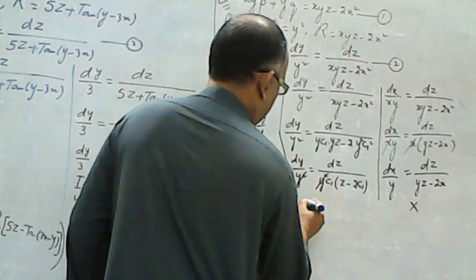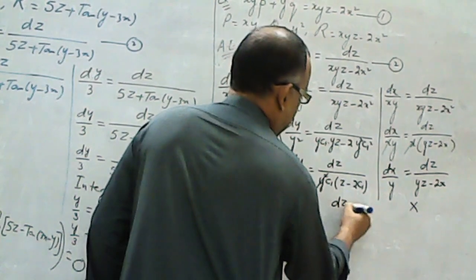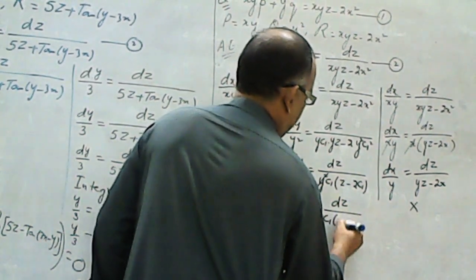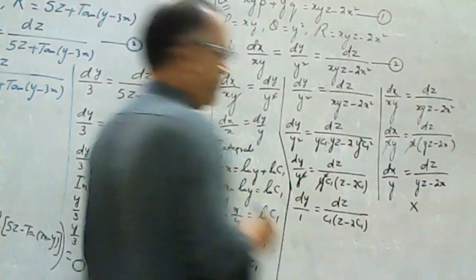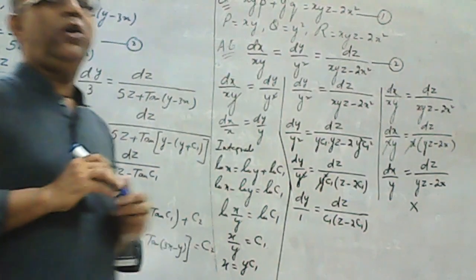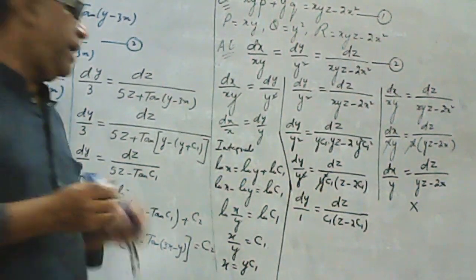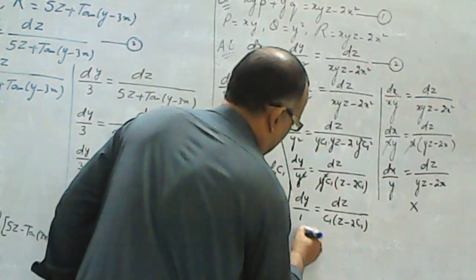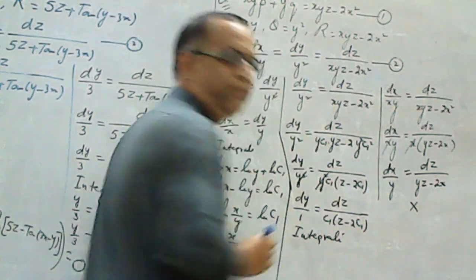The remaining thing will be dy over 1 equal to dz over c1 z minus 2c1. And now there is no x left in the denominator. So now this pair is also solvable, and it is also in the form of separable variables. So just integrate.